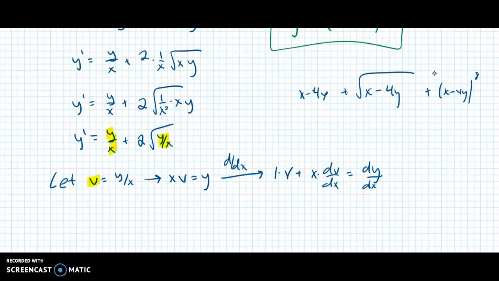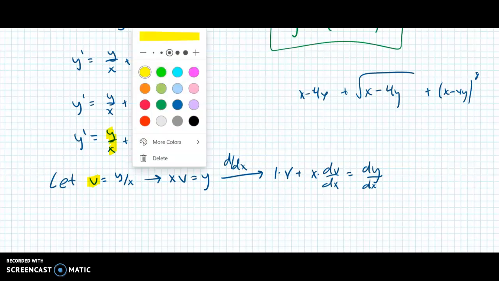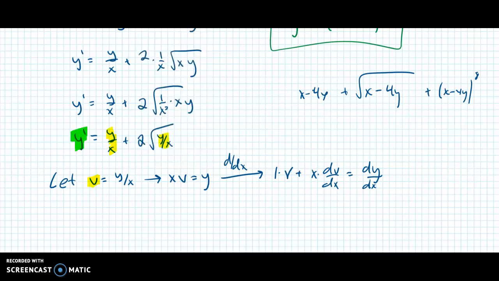This will become a v. And then this y prime will become what y prime is here, which is all of this. So when I do that sub, I get v plus x times dv dx equals v, that's nice, plus 2 root v.